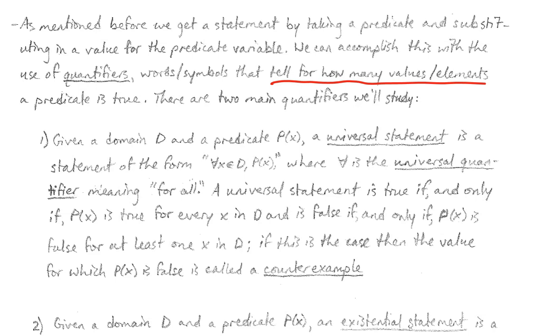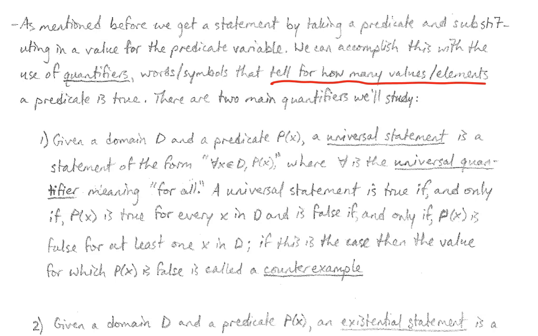Either all guys in the domain may make it true, maybe only some of the elements, maybe only some of the guys in a domain will make a predicate true, and then there may be only one guy in a particular domain that will make the given predicate true. So we'll see what these three quantifiers are.